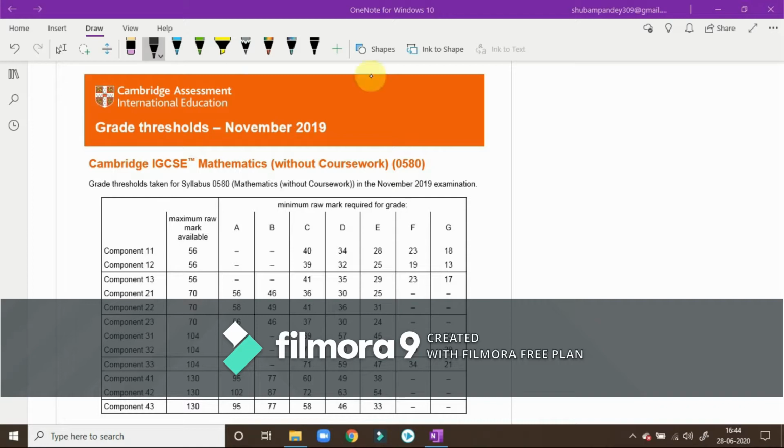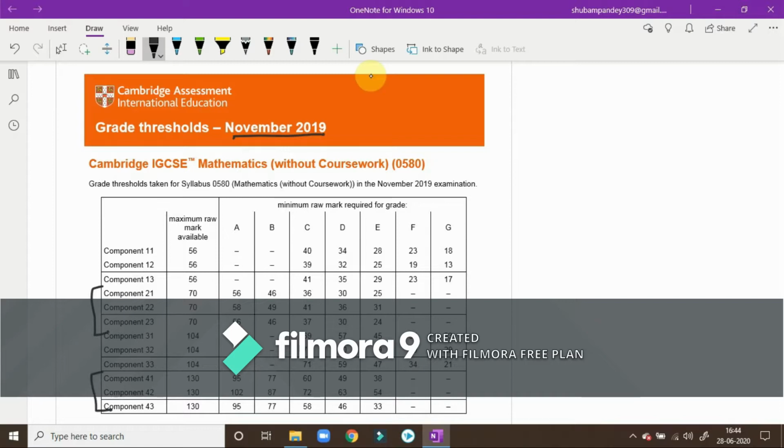Today, first let's talk about GTs or grade thresholds. I've opened this GT from the November 2019 papers, and immediately you will be able to see that there are some marks given for each component. For extended students, you need to focus on components 21 to 23 and 41 to 43.